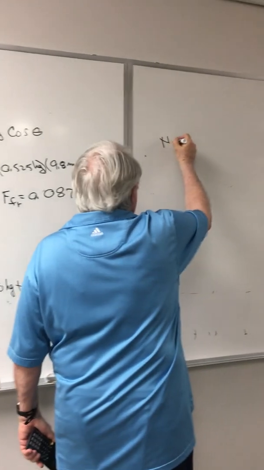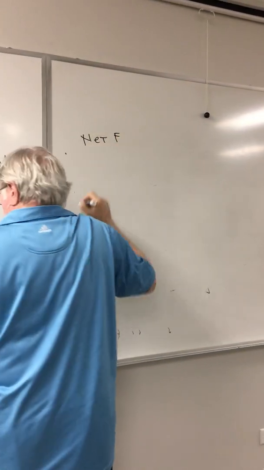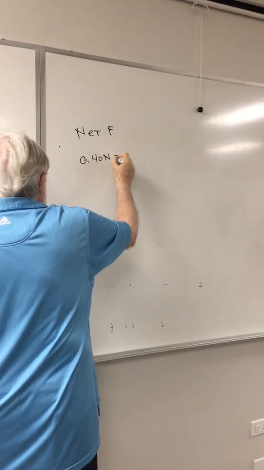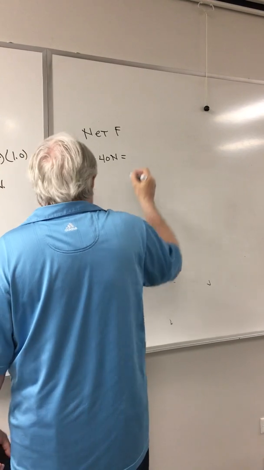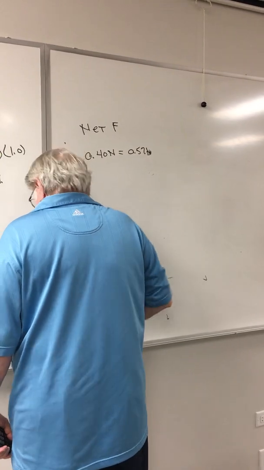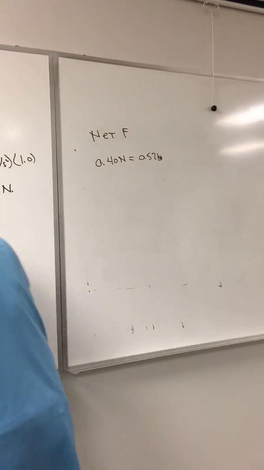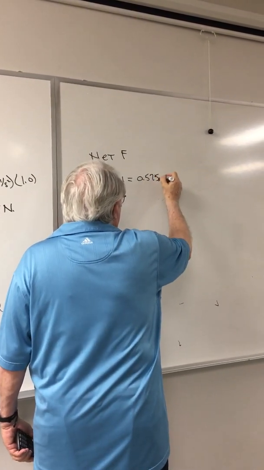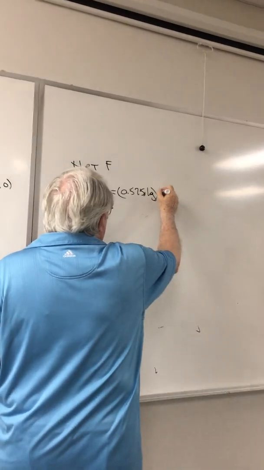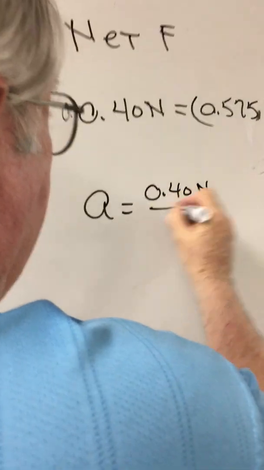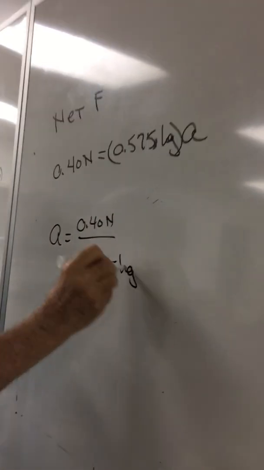So the net force is going to be equal to 0.40, and on the other side we have 0.575 kilograms times a. And so a is going to be about 0.40 newtons divided by 0.575 kilograms.